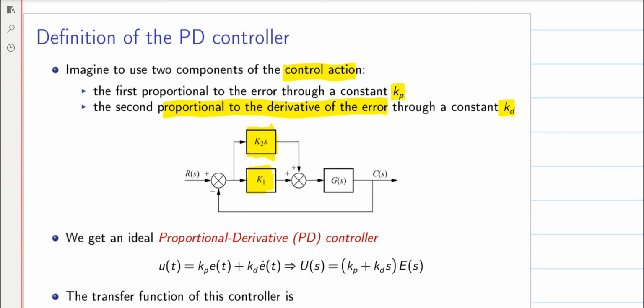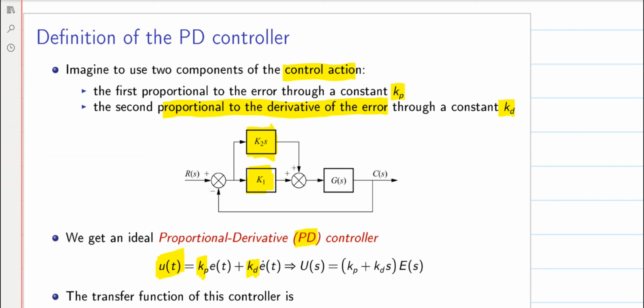So for our proportional derivative, or PD, controller, we can write the output of the controller u(t), which is the input to the plant, being equal to Kp times the error plus Kd times the time derivative of the error, e dot of t.